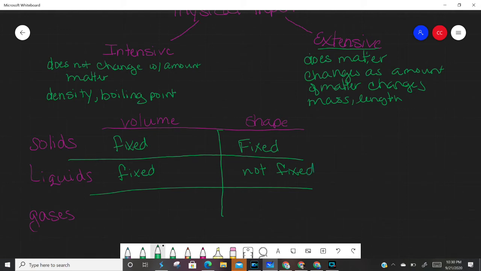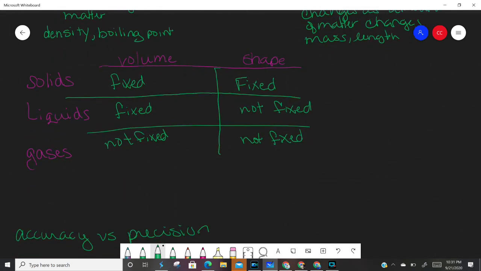A gas does not have a fixed volume, and it does not have a fixed shape. It will take the shape of its container, and if you give it a big enough container, it can take up the whole container all by itself. So gases have no definitive shape or volume.